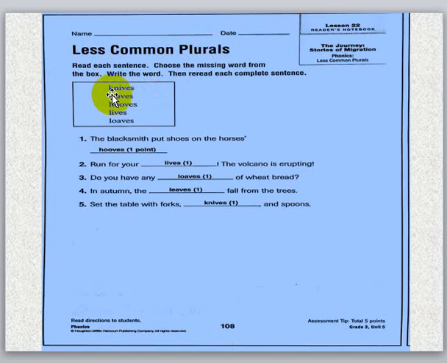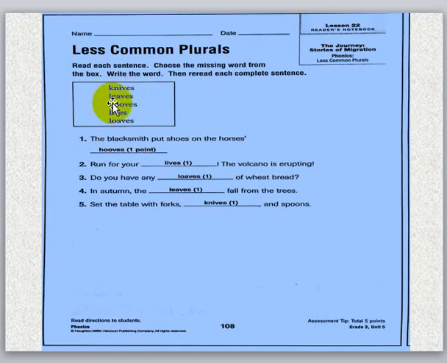Knife, K-N-I-F-E. One knife ends in FE. When we change it to a plural, we cancel F and we put V. We change F into V and we put ES.